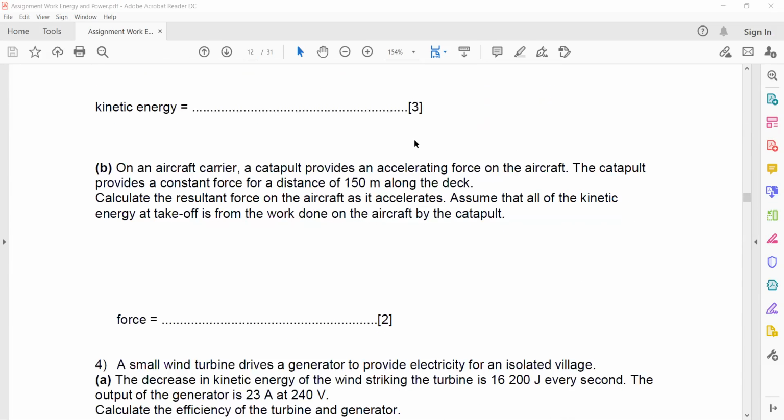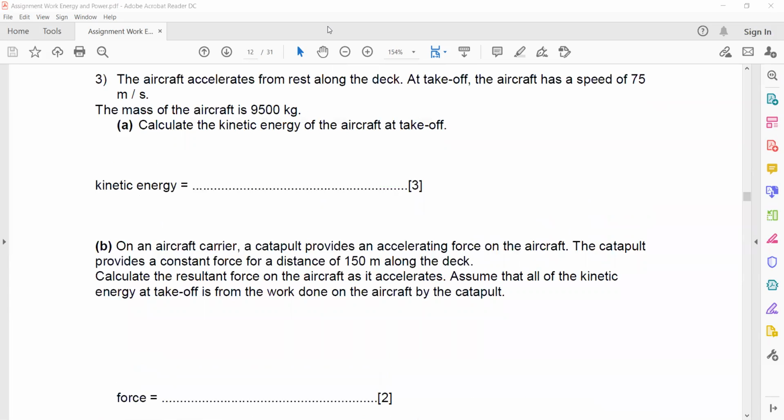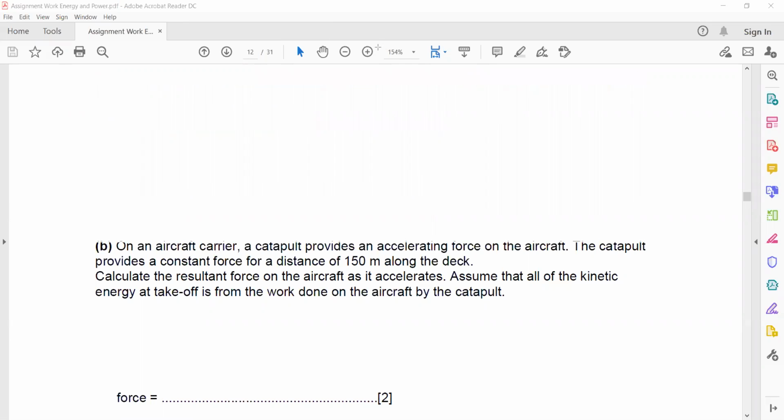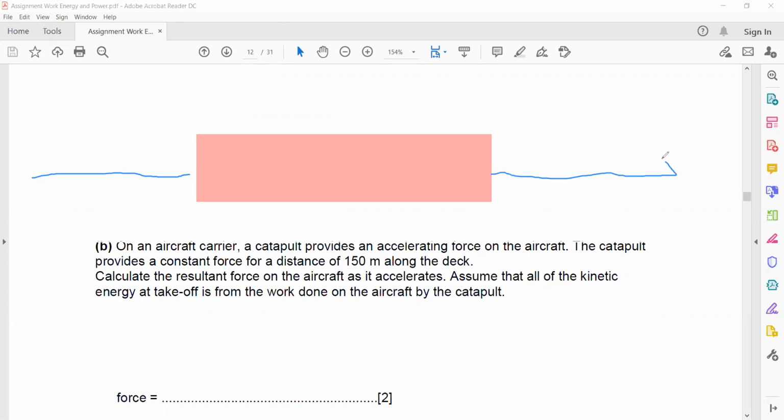Look, there's an aircraft or a plane, and it is taking off from the ship. This is an aircraft carrier, which is carrying the aircraft, because aircraft carriers use a catapult to provide energy.